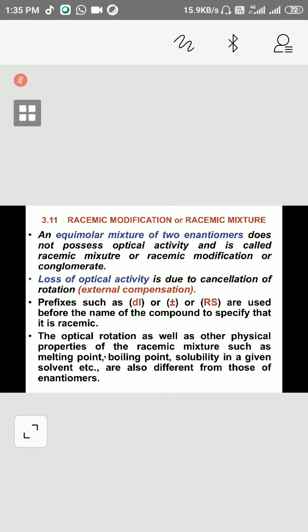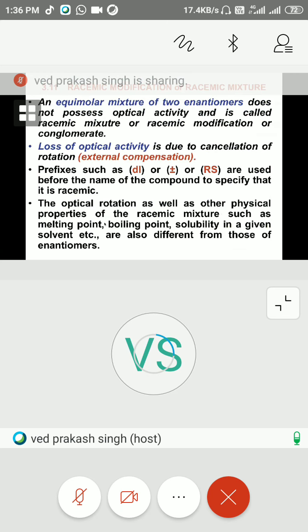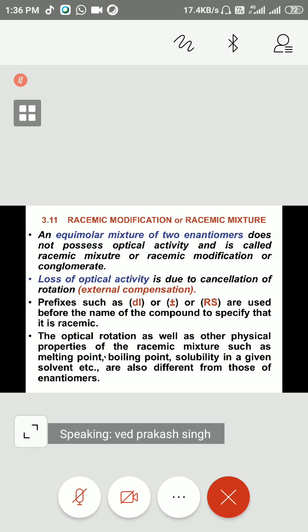In a meso isomer, the optical activity is cancelled within the molecule, which is internal compensation. But in this case, it is external compensation. These are the differences. And some prefixes such as small dl or plus or minus or RS are used before the name of the compound to specify that it is racemic.